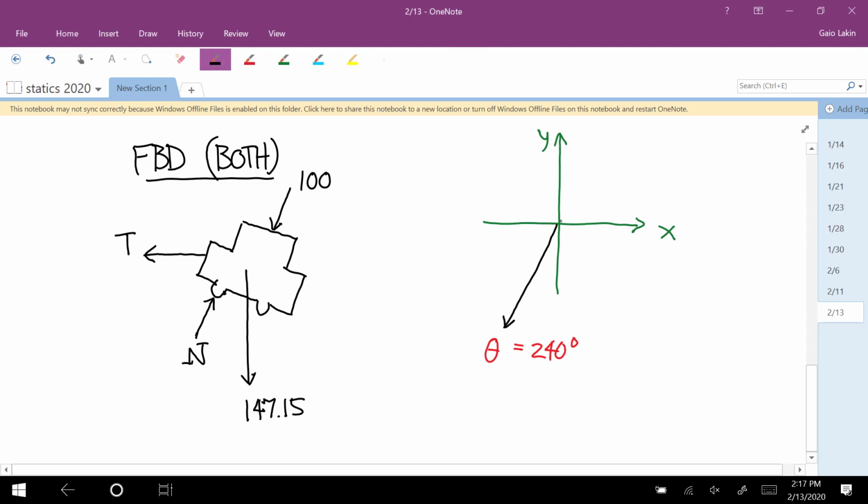And that means that the one that's exactly opposite that we haven't done yet is 240 minus 180. So theta for this is just 60.